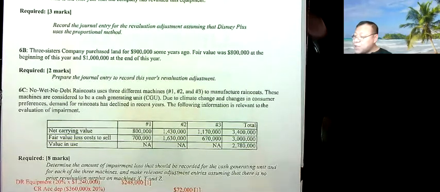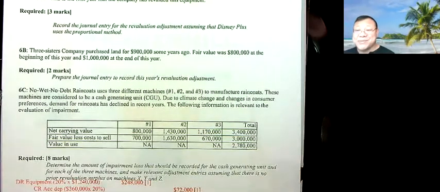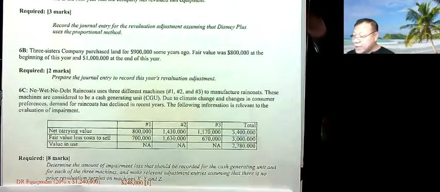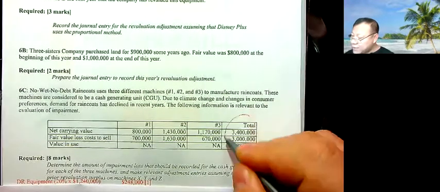Due to climate change and changes in consumer preference, demands for raincoat has declined in recent years. That's an indicator for me to consider whether we need to do an impairment test, right? So let's take a look. We evaluate this as a unit.